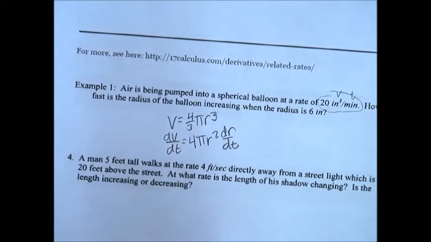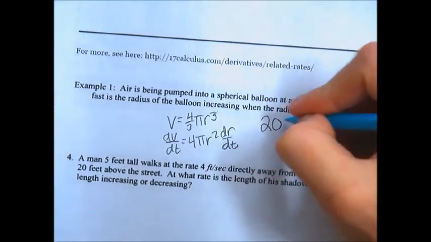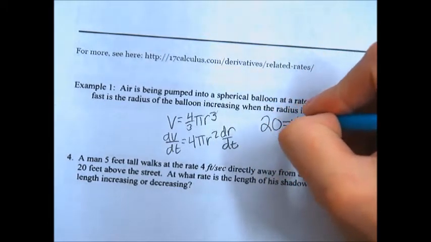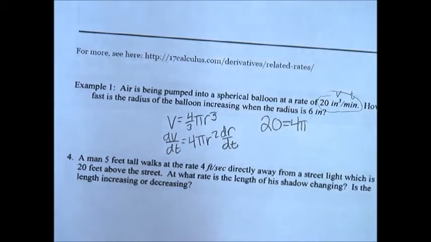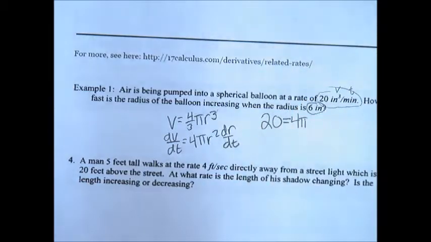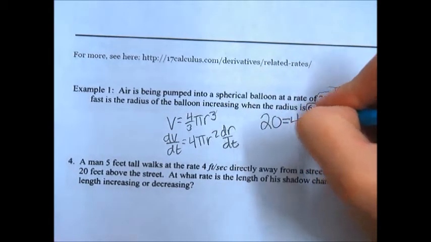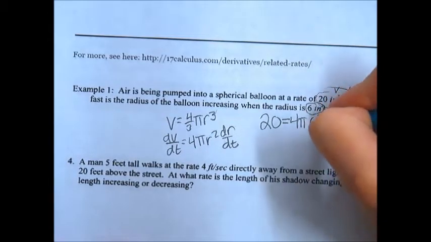Alright, so I can plug in things. I get that 20 is equal to 4 pi, okay, r squared. No, we actually know r. R is 6 in this problem. They told us that in this part. So 6 squared dr dt.